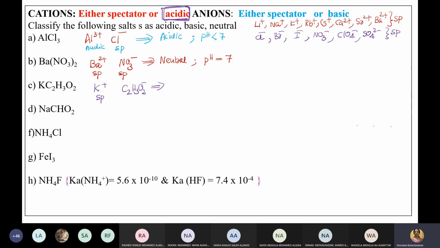C2H3O2 minus. Spectator or not? Not spectator. If it is not spectator, it is acidic or basic? Basic. Why? Anions are either spectator or basic. So it's basic.